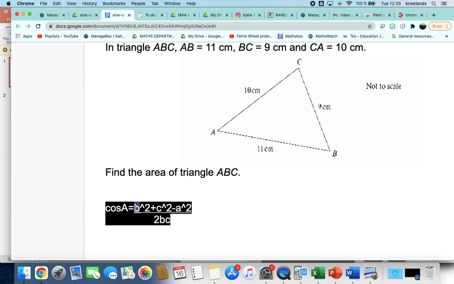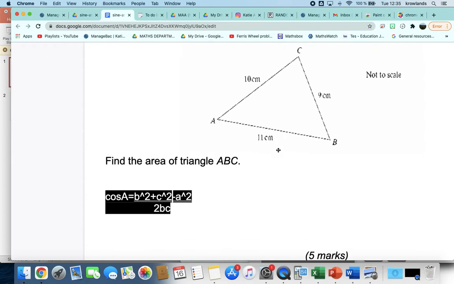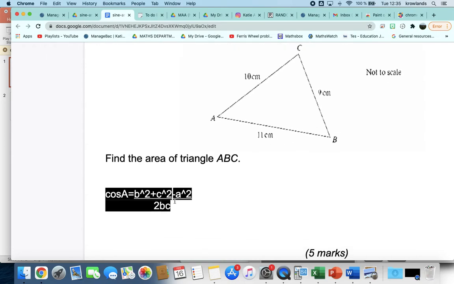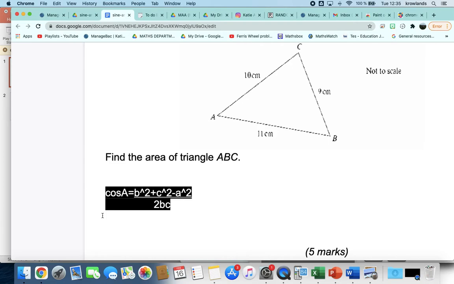We then need to substitute in B, and B is going to be 10. C, well, we've said this is our new C, so this is going to be 9, and then 11, so it's going to be 10 squared plus 9 squared minus 11 squared, divided by 2 times 10 times 9. And you should see that working out here.